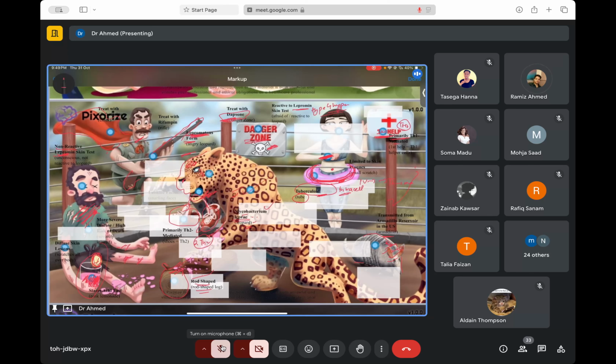These macrophages are going to go to the site where you are injecting lepromin, for example, and it's going to form an indentation. But the lepromatous form is Th2 driven. So in Th2 driven disease, you do not have any macrophages, so you won't be seeing any reaction to injection of lepromin at the site, because it's Th2 driven. You do not have any macrophages, right?